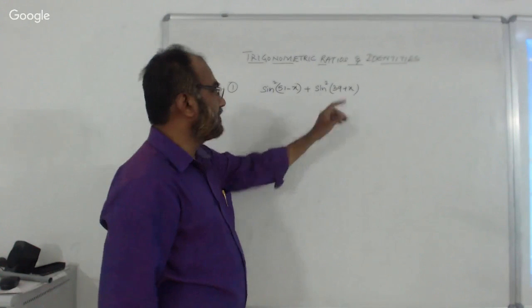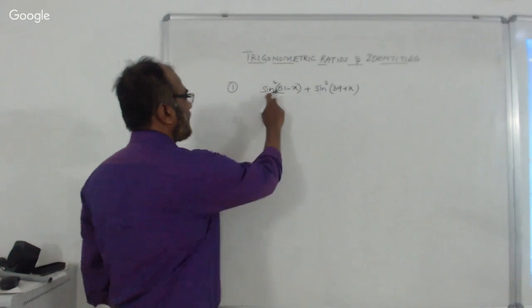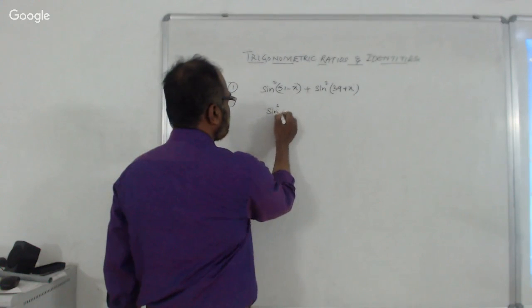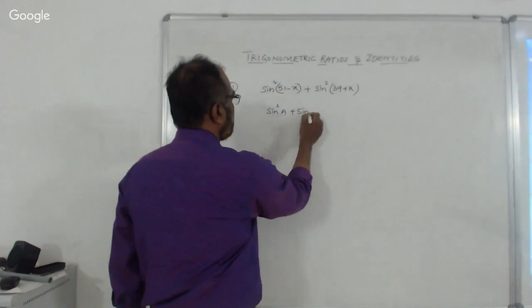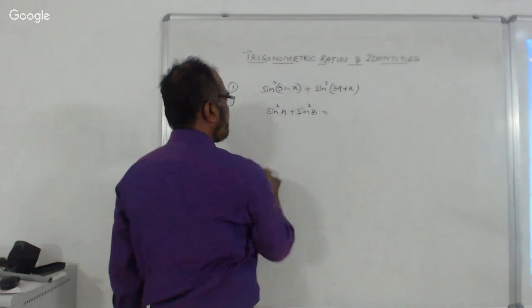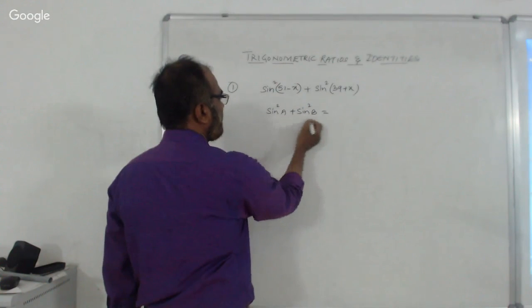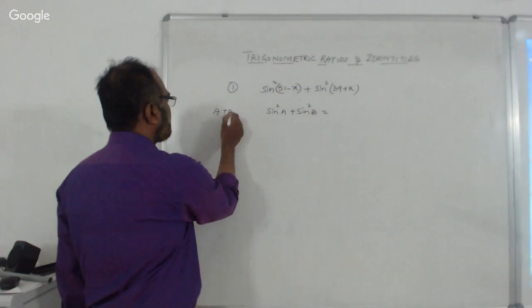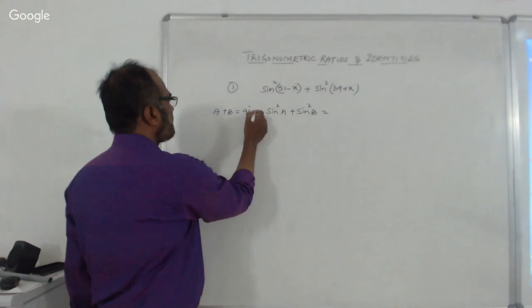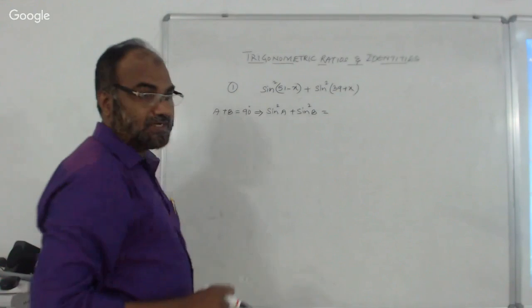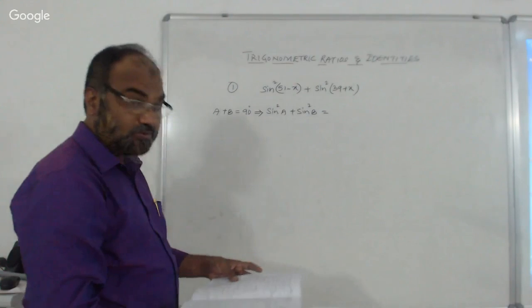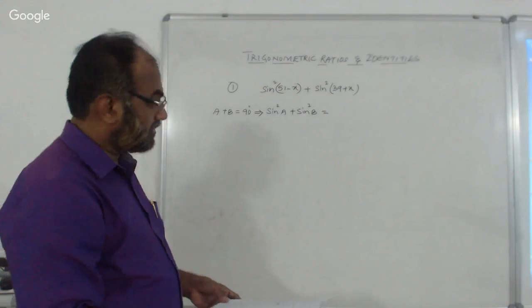If a plus b is 90, that is your sine square a plus sine square b form. Whenever we see sine square a plus sine square b, we first check the value of a plus b. If a plus b is 90, then sine square a plus sine square b is 1.